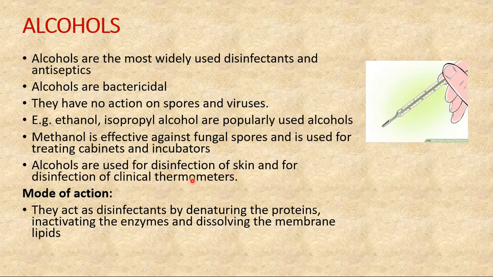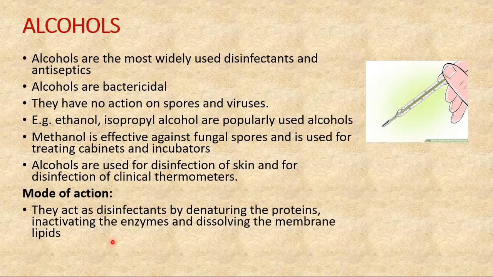Okay, so those incubators are going to be sterilized by using this methanol. Then alcohols are used for disinfection of skin and for disinfection of clinical thermometers even. Okay, so even the clinical thermometer is going to be sterilized by using alcohols. Then what is the mode of action? How are they going to kill the bacteria? Obviously by denaturing the proteins, inactivating the enzymes and dissolving the membrane lipids.